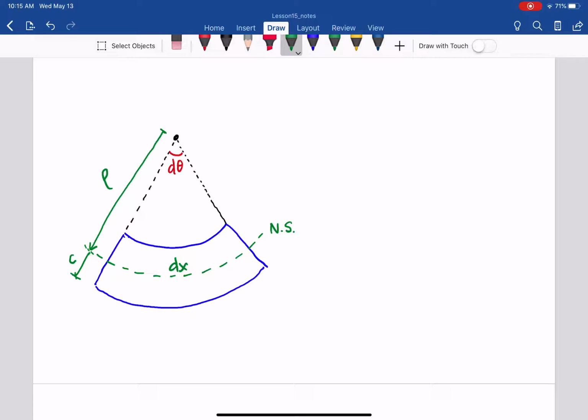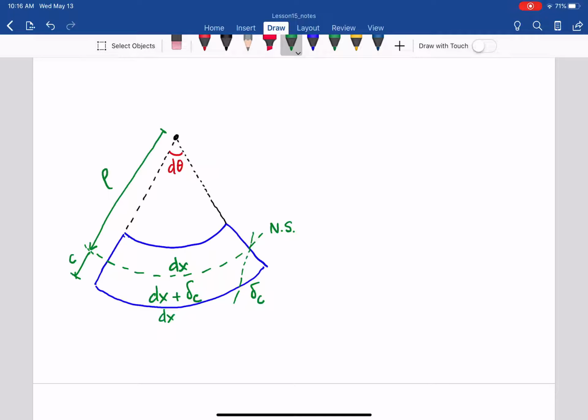If we have that C, let's call the deformation at the outermost fiber delta C. If we make a parallel line, this is dx and this is delta C. So the whole length for the outermost fiber at the bottom is equal to dx plus delta C.